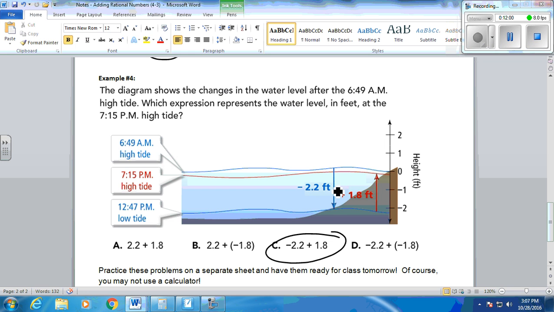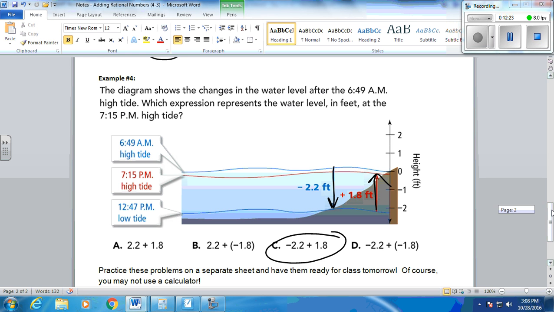It goes down negative 2 8/10, and then at 12:47 p.m. it is now low tide, and then it will go back up. So we're adding the positive 1 8/10, because the negative 2 8/10 shows that the tide was going down. The positive 1 8/10 shows that we're moving up.